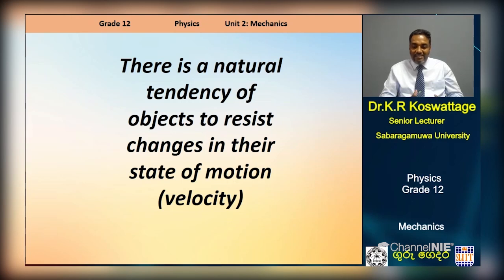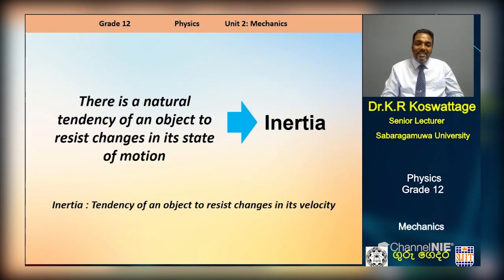We can say that it is the tendency of an object to remain in its existing state. Objects want to remain in their existing state. They don't want to change their state of motion. So this is a natural tendency. This phenomenon in physics is so-called inertia.